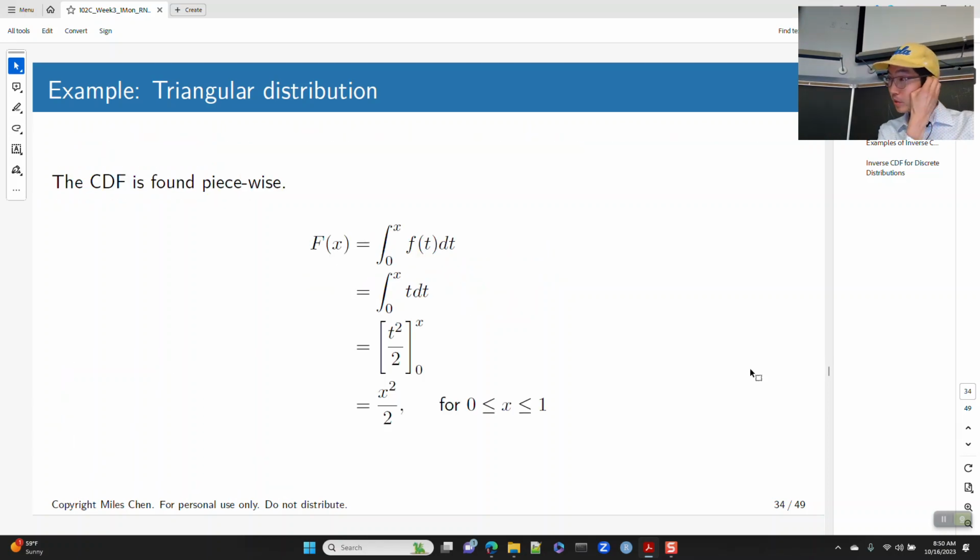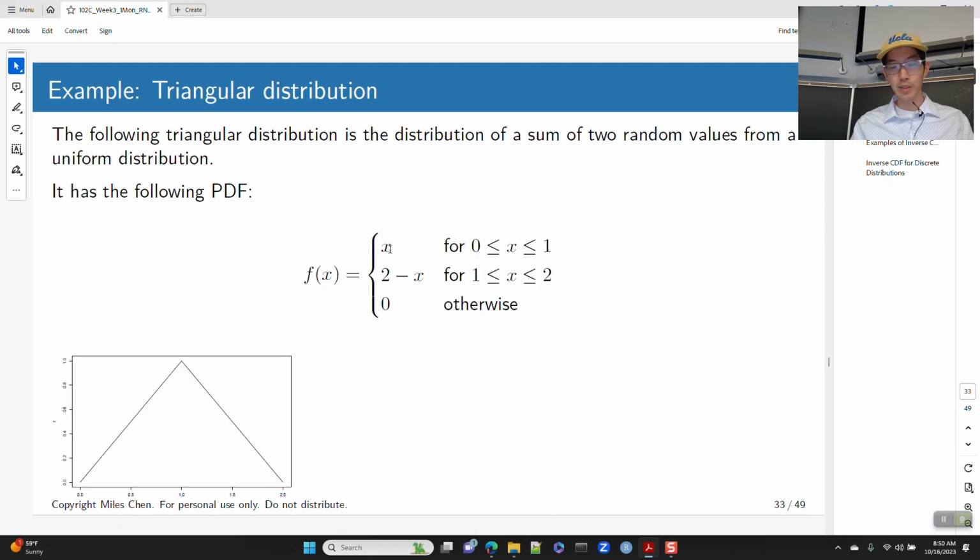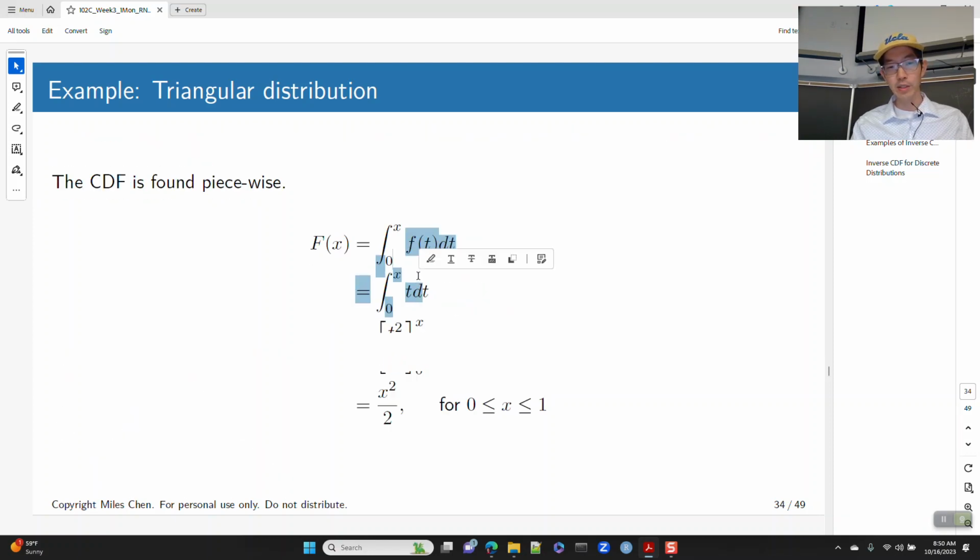All right, so we have to find the CDF. Our PDF is piecewise, so our CDF is also going to be piecewise. The CDF is the integral from 0 to x of t dt, because our PDF is x, so we have to use a placeholder letter.